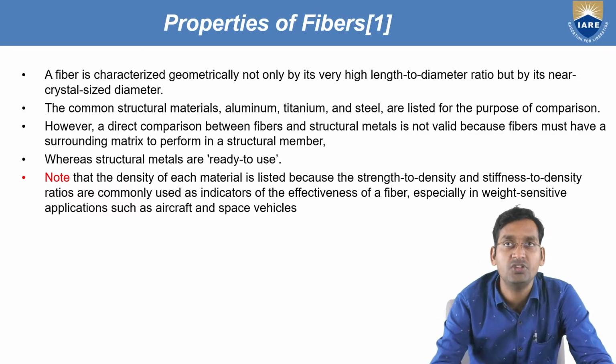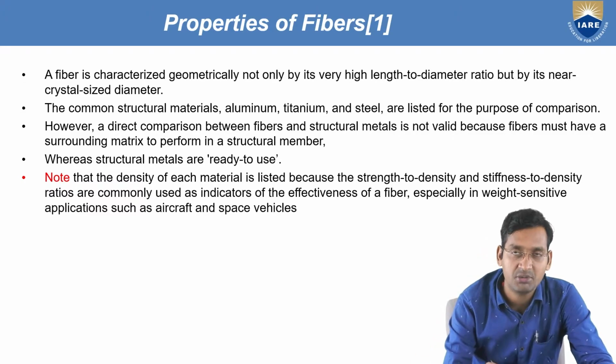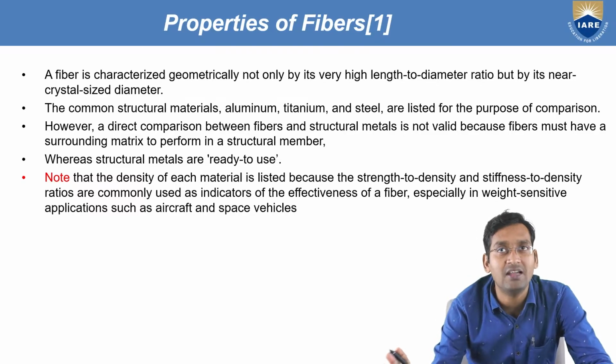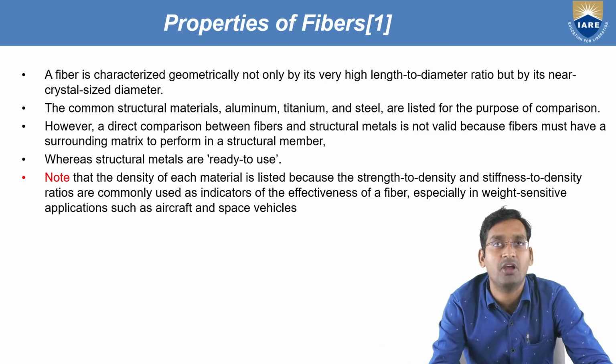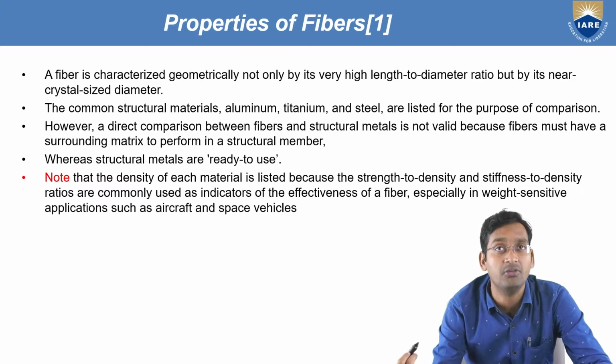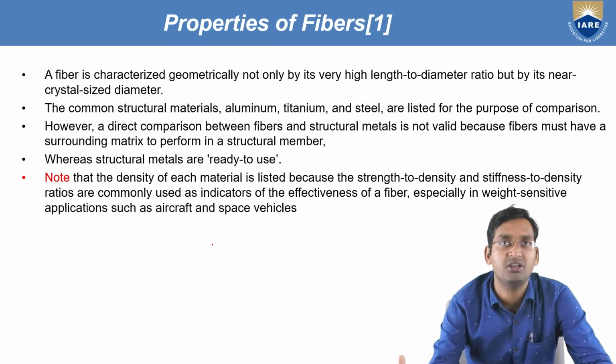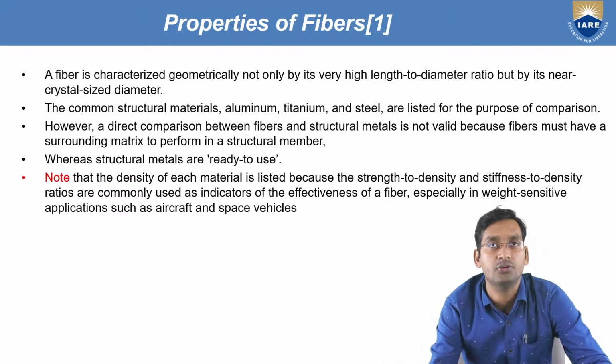When we are using fiber, the matrix is required, but in the case of metal, no surrounding material or matrix is required. So we cannot directly compare metal and fiber. We can compare fiber only when it is combined with the matrix. Otherwise it's like one is complete and the other is half.